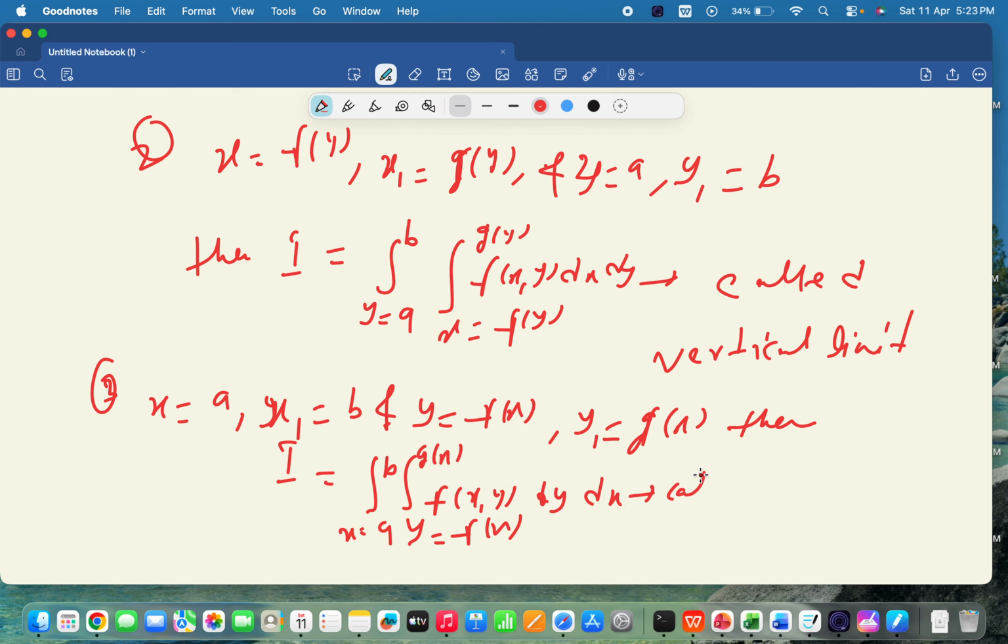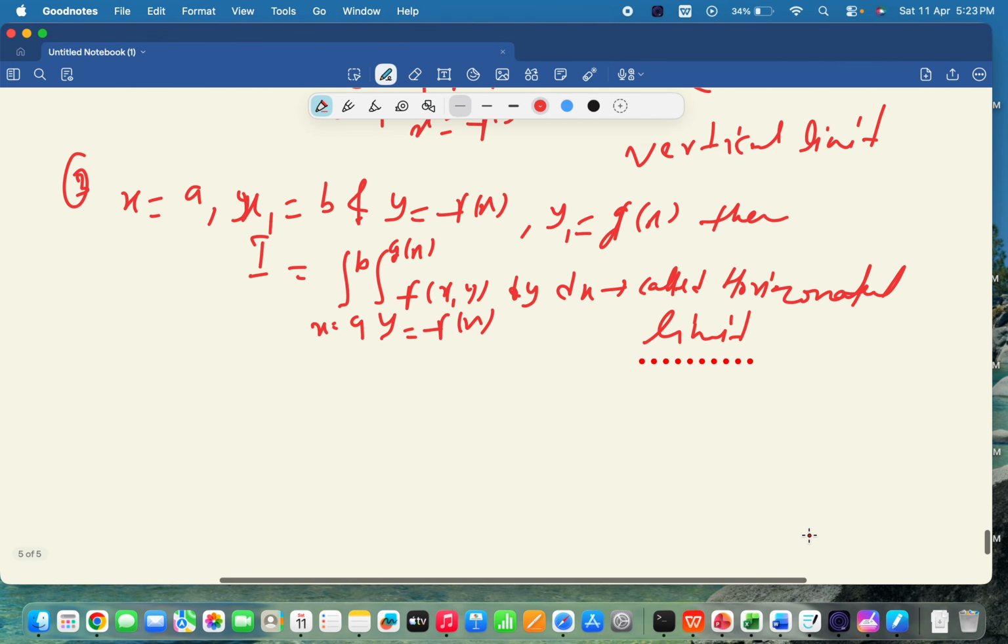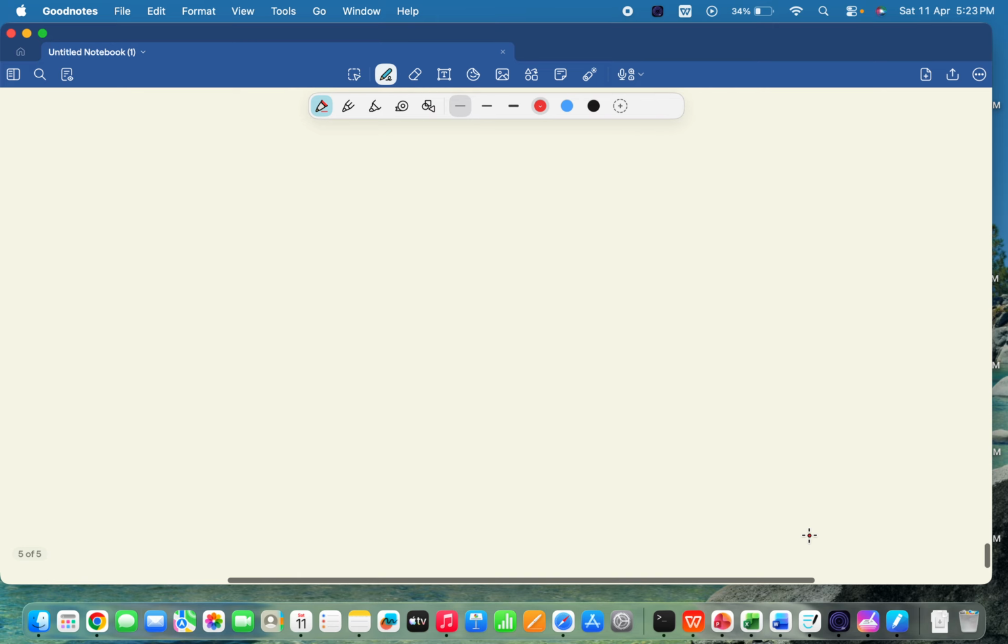This is called horizontal limit. Now, what is the cause of taking horizontal limit?